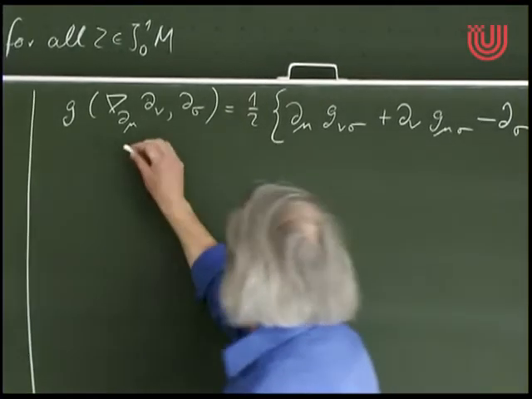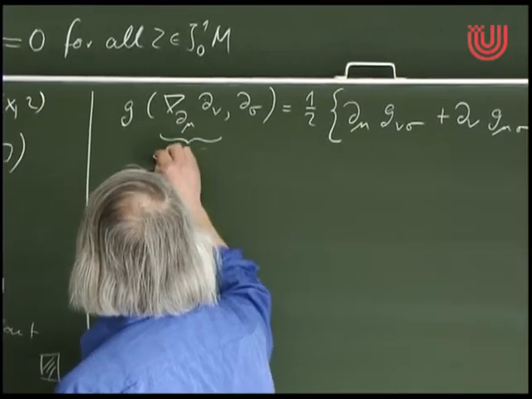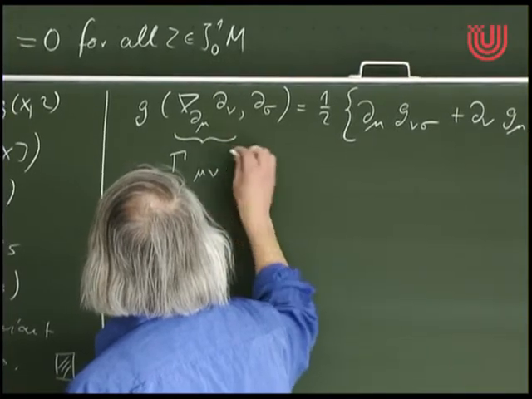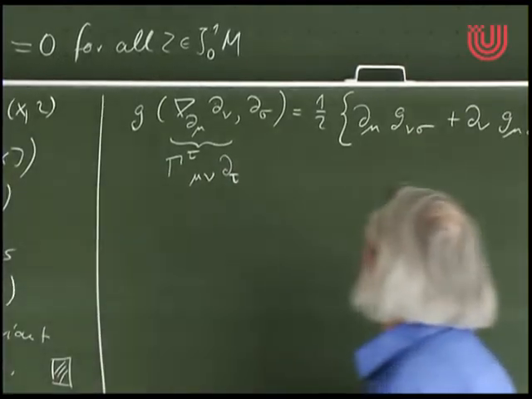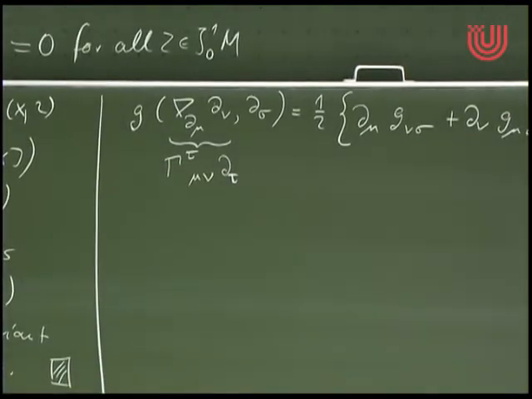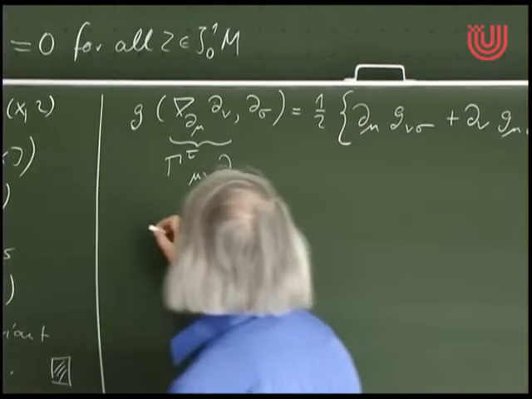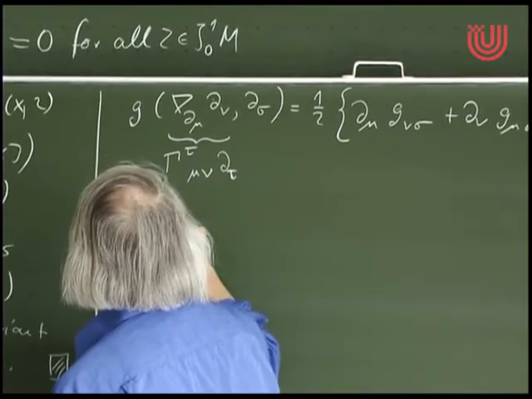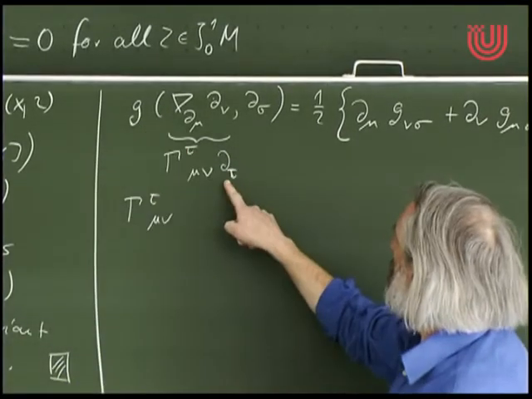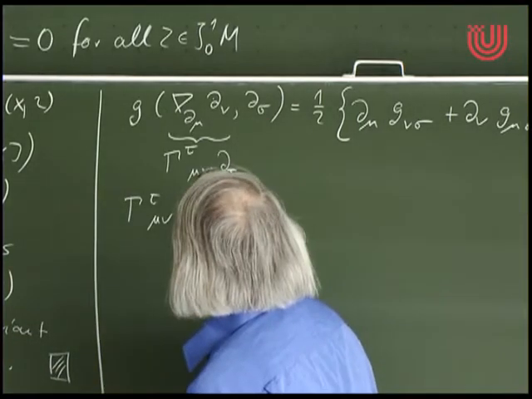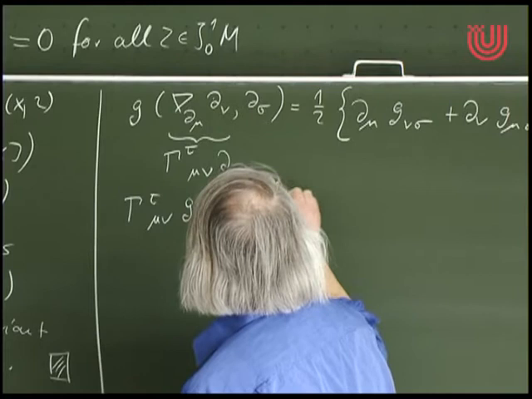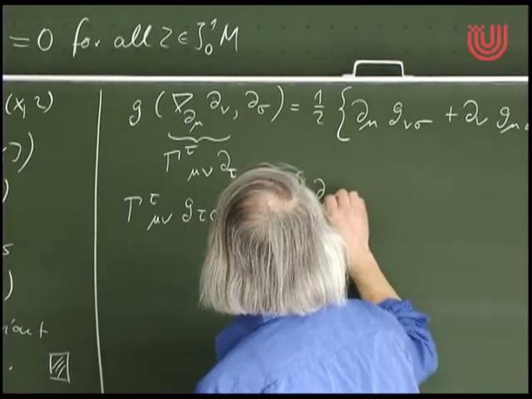So what we get here can be expressed in terms of the Christoffel symbols, right? Remember, that's how we introduced the Christoffel symbols. So we get now g tau mu nu, and then the tau in the first slot of g, the sigma in the second slot. So this is just g tau sigma. And here I have again this expression.